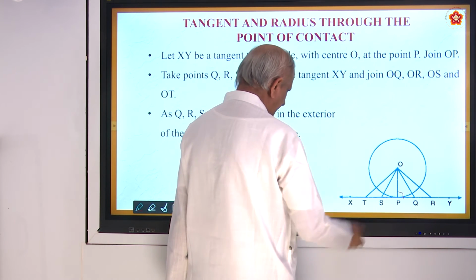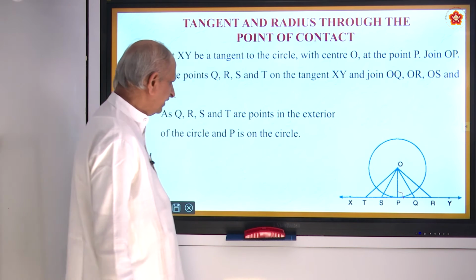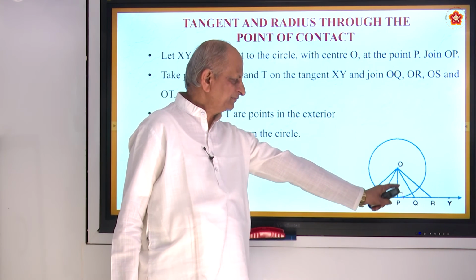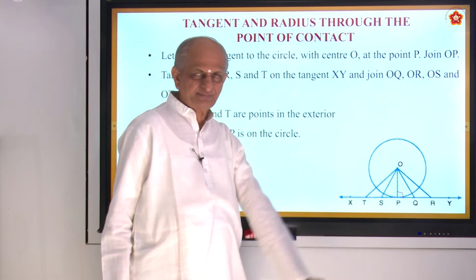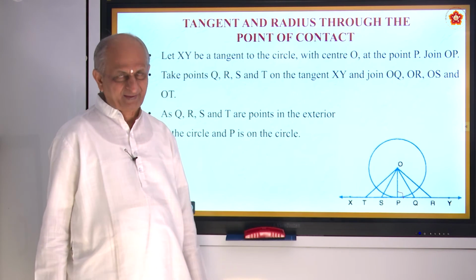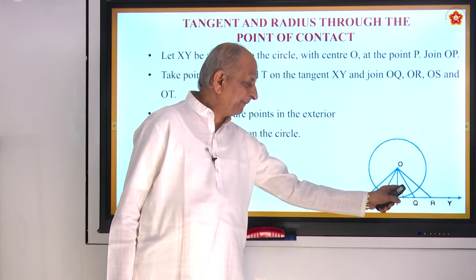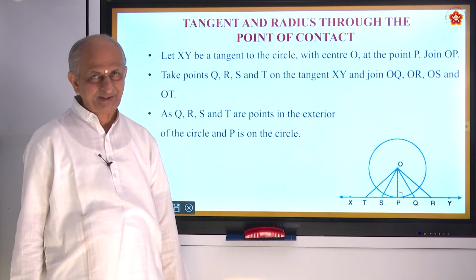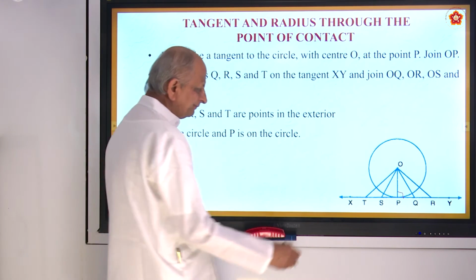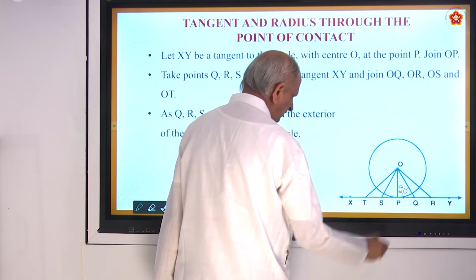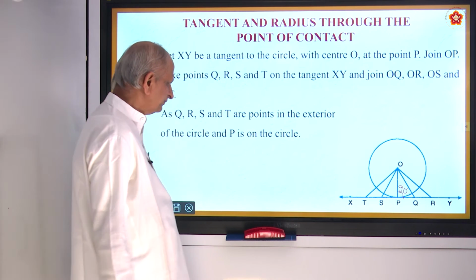And what do you call it? We call it radius. So P is the point of contact, OP is the radius. And what is the angle there? This radius is always perpendicular to the tangent. Means the angle will be 90 degrees, right?